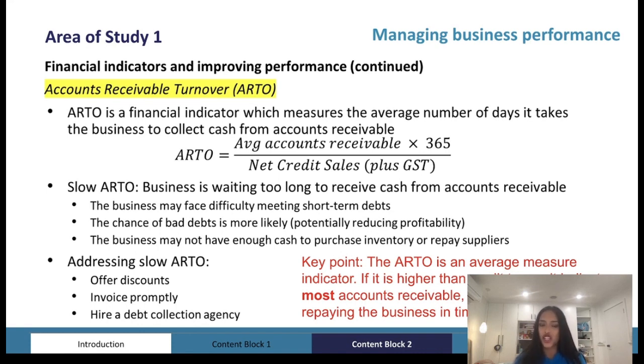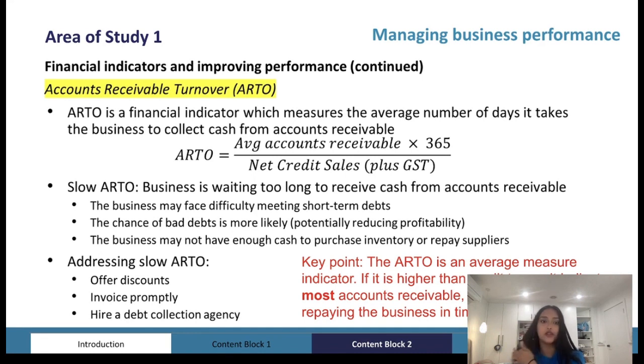They have a higher chance of bad debts, which basically means that they have a higher chance of not collecting any cash from their accounts receivable, or having multiple accounts receivable not being able to pay at all. And it also means that the business might not have enough cash for other important needs. For example, purchasing inventory or repaying suppliers or paying off their debts, their loans, their interest, etc.